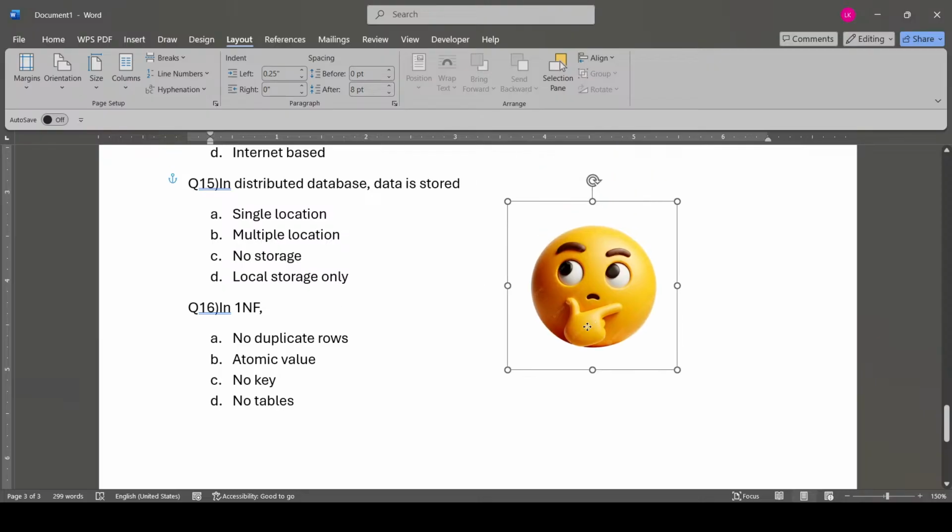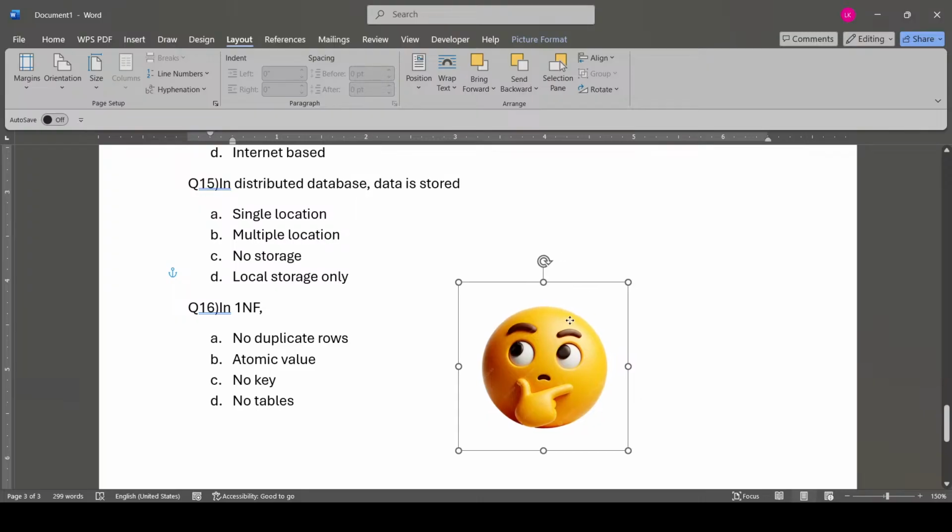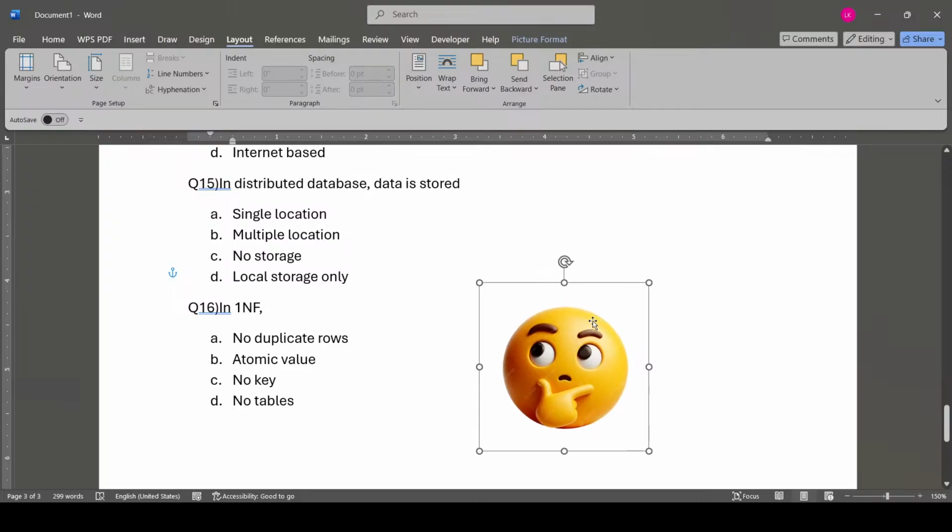In first normalization form. Yes. So what happens in first normalization? It's a very important question. Normalization is mostly asked in the exam.